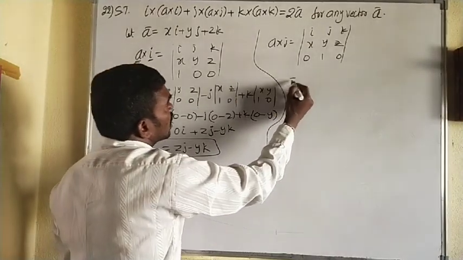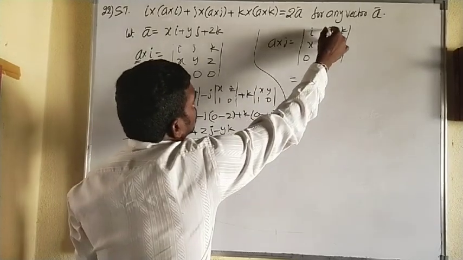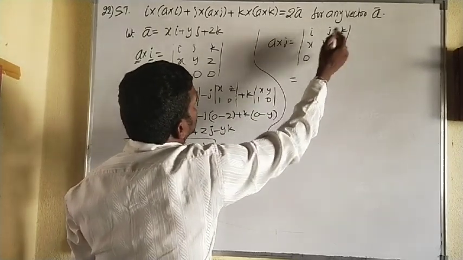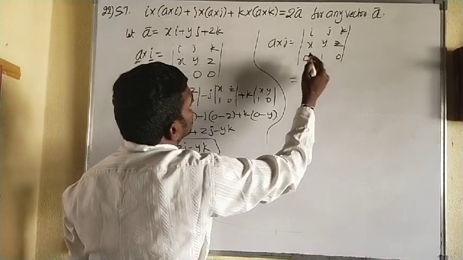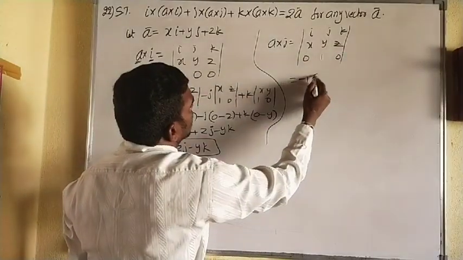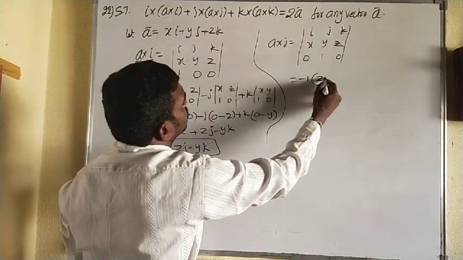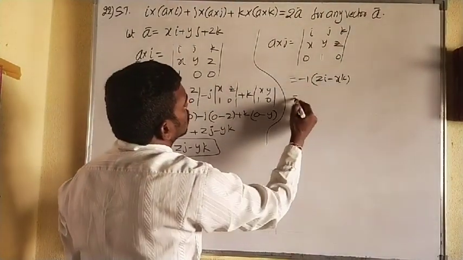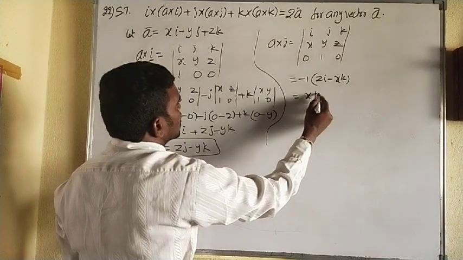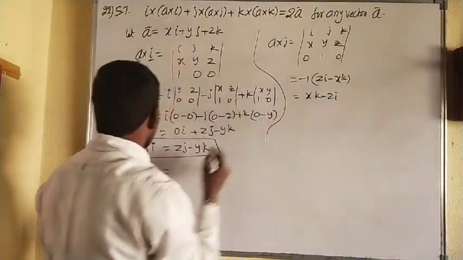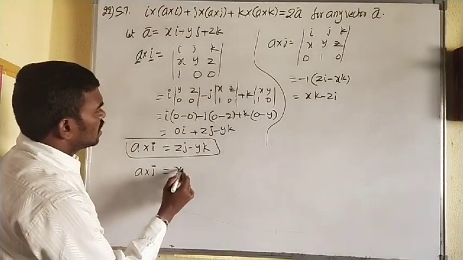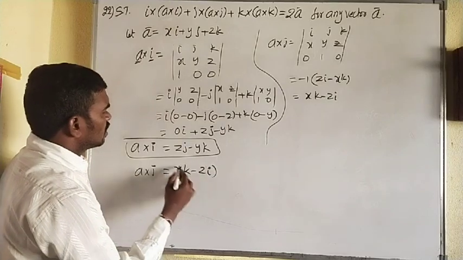So directly I am doing it, you do it in that method. So plus minus plus, minus plus minus. So we get zi minus xk, that is, xk minus zi. So A cross j we can get xk minus zi.